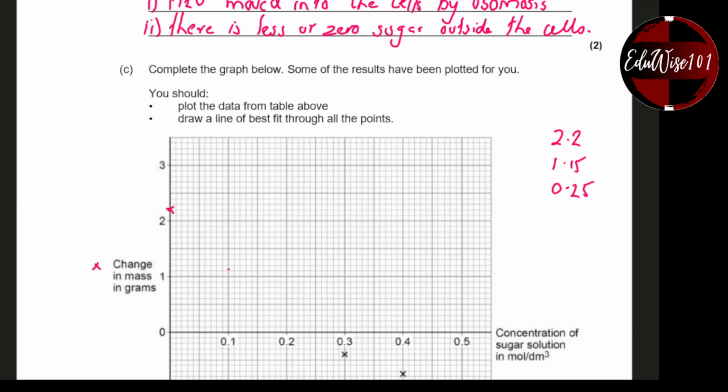So 1.15 is somewhere going to be there. And at 0.2 is 0.25. So that's 0.5. So halfway between there. So your line of best fit needs to be a smooth curve going through all these points.